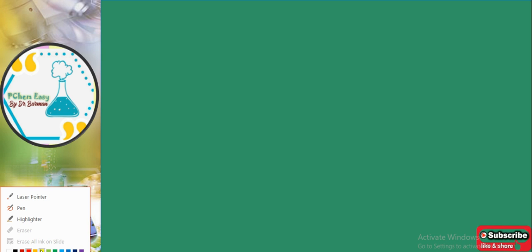Sometimes you will see a structure like this. You will see a compound like this, and it will have a bond that is called the dash bond, and another one, it will be like this. So this is called the wedge bond.